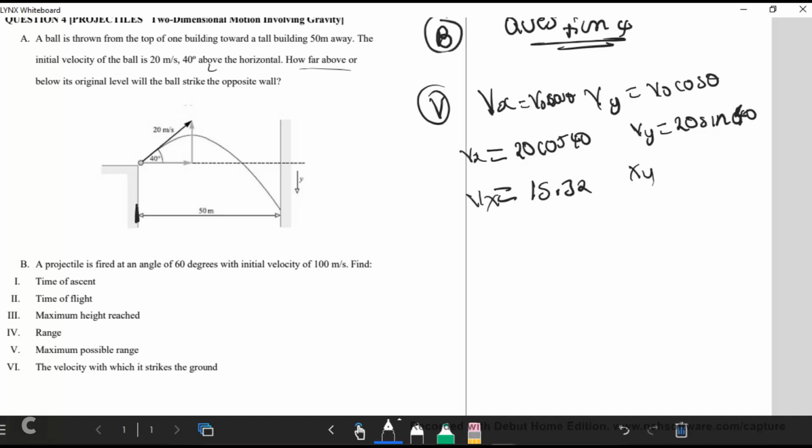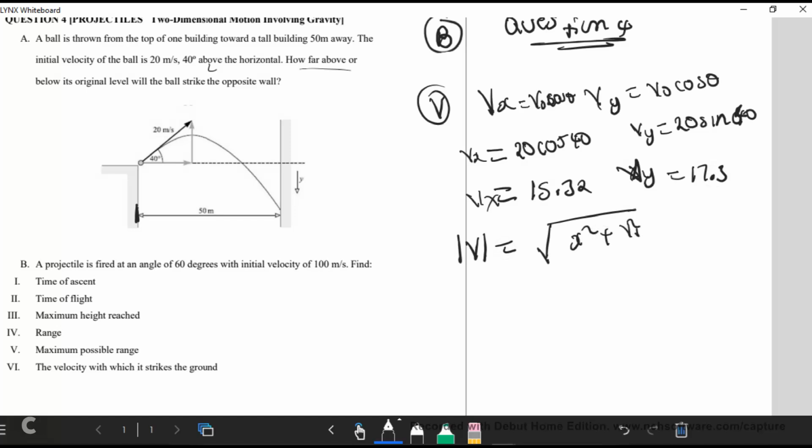How about in the y? That is 20 sine 60. It will give us 17.3.